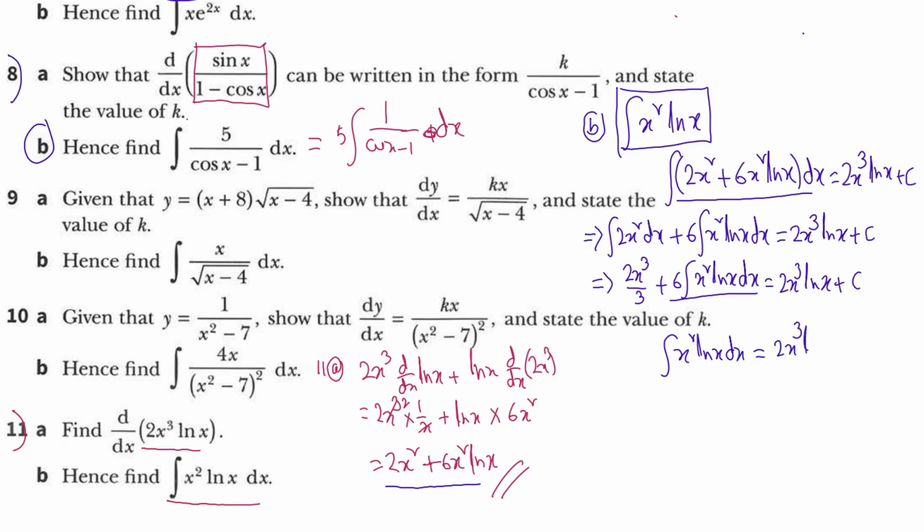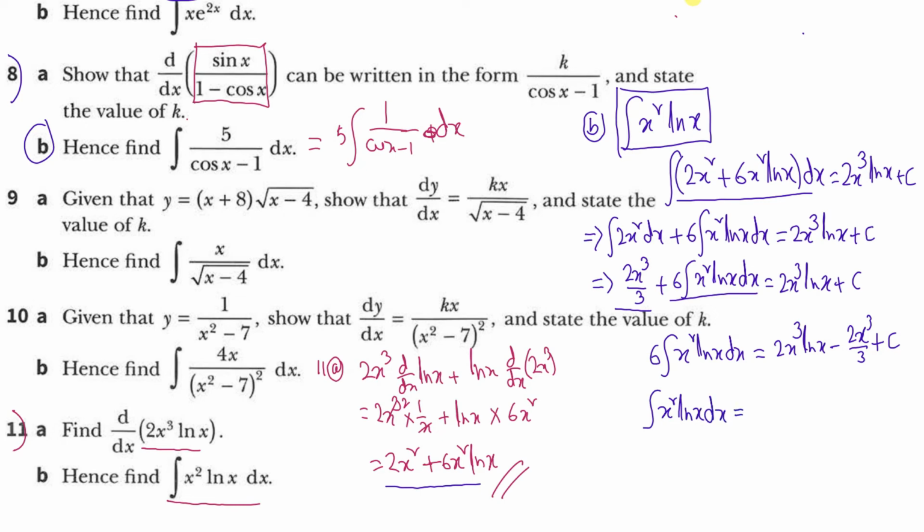2x cube ln x plus 2x cube by 3. Sorry, it would not be plus because we have to write with the minus sign. It is having with the left side plus sign, so it goes to the right side with a minus sign, and plus c. But there is a 6 in front of this one, so if we remove the 6, then it is x square ln x dx.